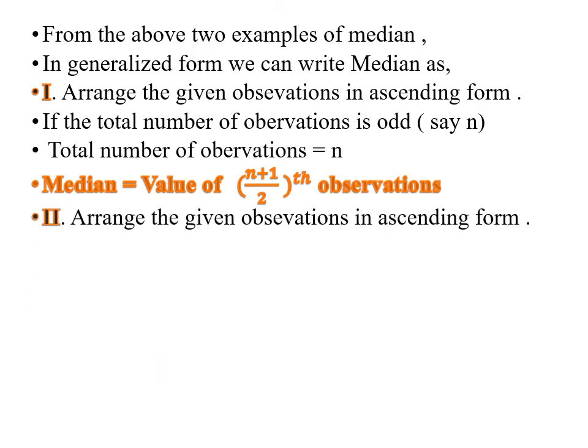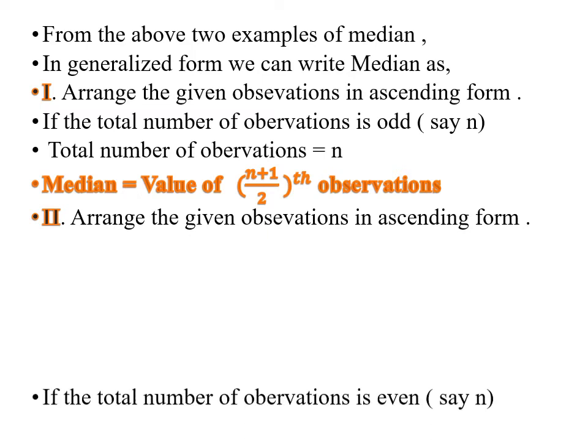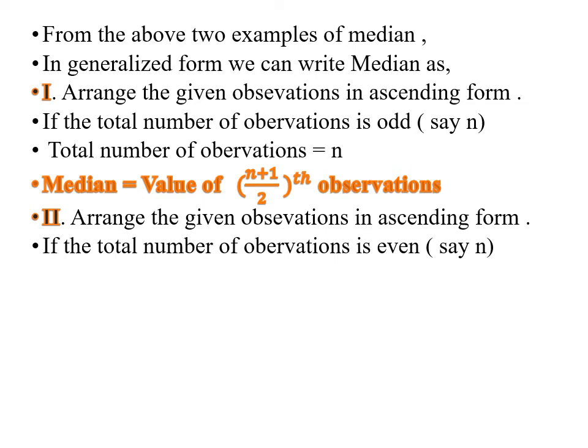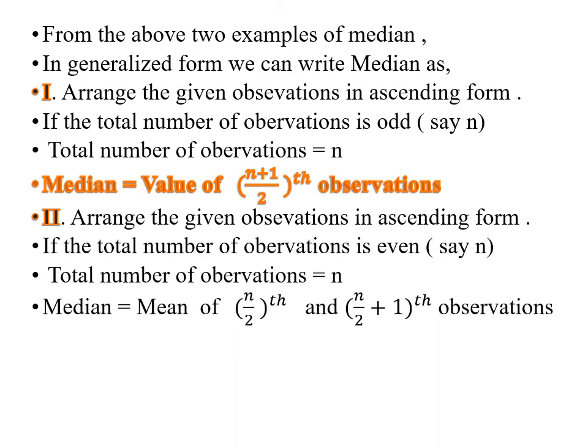In the second case, we again arrange the given observations in ascending form, and if the total number of observations n is even, then median is equal to the mean of the n by 2th and the (n by 2 plus 1)th observation.